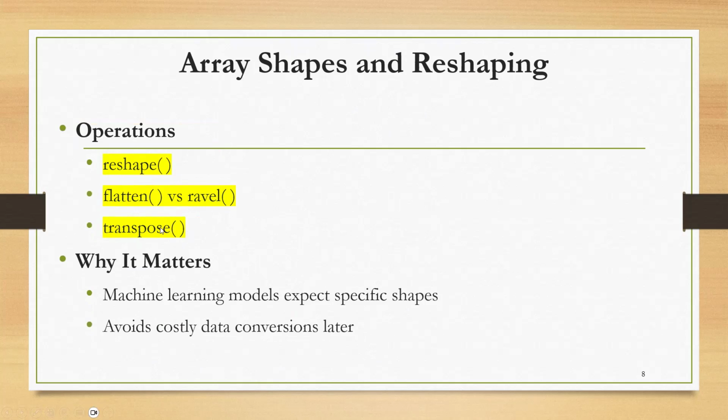This works almost like the concept of a matrix. So reshape means what? Changing the shape of an array without changing the content, or without changing the data. That's the goal of this function. And as we said about transpose also.